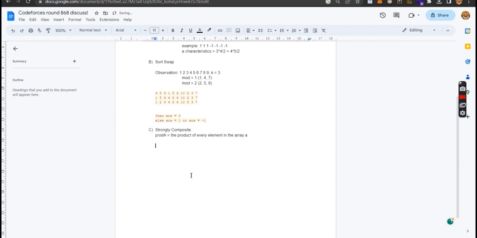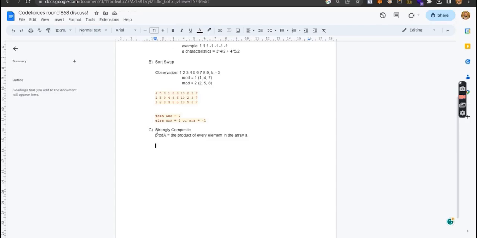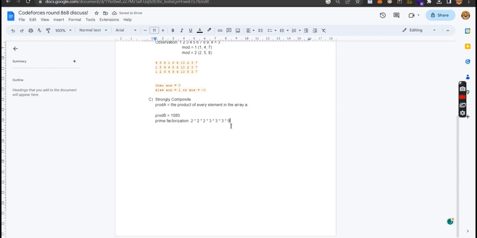You can think that you should do the prime factorization of the product of A, and let's say the product of A turns out to be 1080, and the prime factorization of 1080 is 2 into 2 into 2 into 3 into 3 into 3 into 5. So this is the prime factorization of the product of array A.